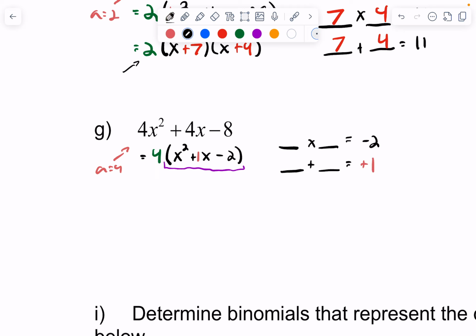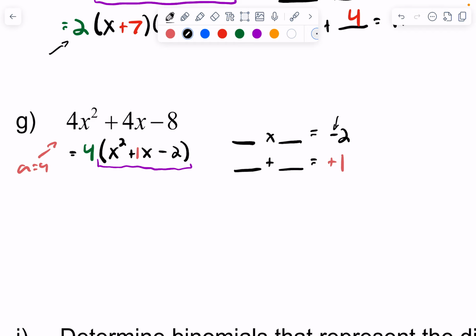So what are the multiples of 2? And again, this is a negative here. So that means one of these has to be positive, one of them has to be negative. All right, and 2's multiples are only 2 and 1. And because this is positive 1, I know that if I'm deciding where to put the 2 or the 1, well, 2 is bigger than 1, and this is a positive, so that means it has to be positive 2 plus negative 1.